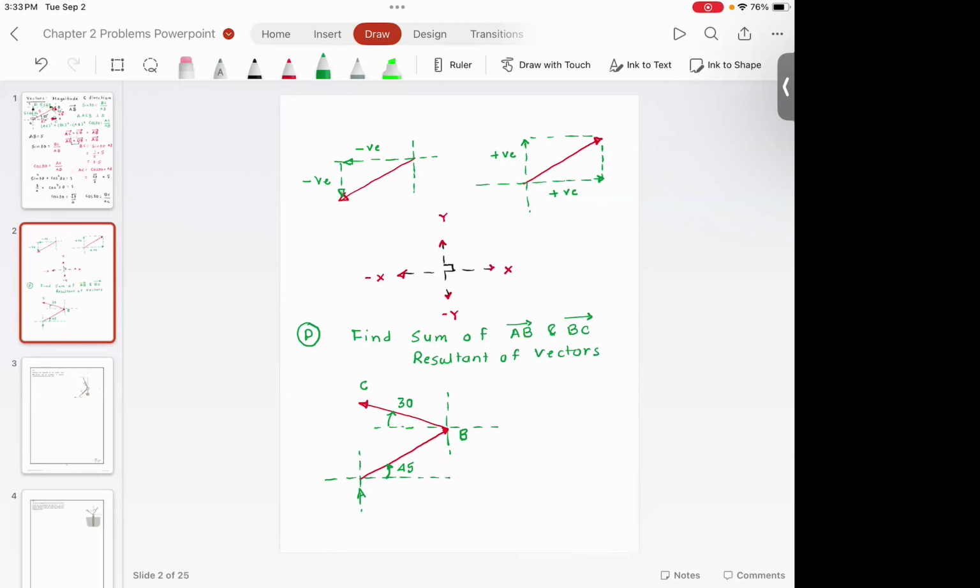The problem can also be worded as... oh, that's a question mark. Oh, sorry. Okay, I should draw better.